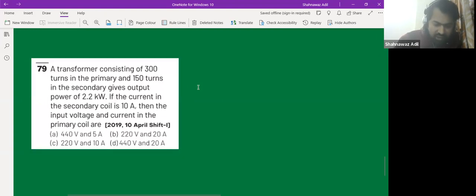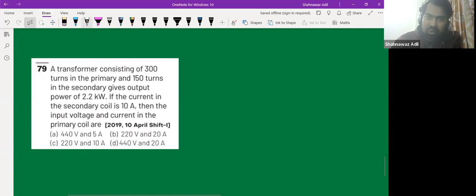What are the things given? A transformer consisting of 300 turns in the primary coil, and you are also given the number of turns in the secondary coil, 150.